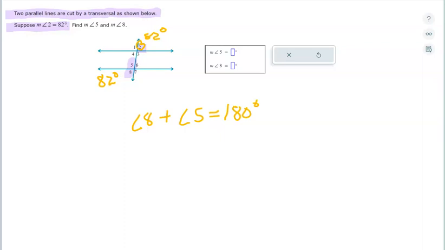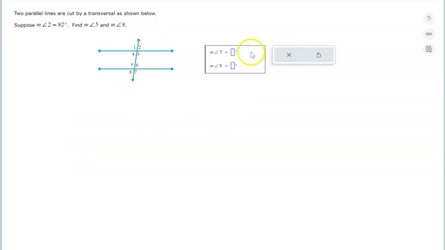So all I do from here is take 180 minus 82. That gets me 98. So that means angle 5 is 98. So 82 and 98. So we'll put 98 and 82.